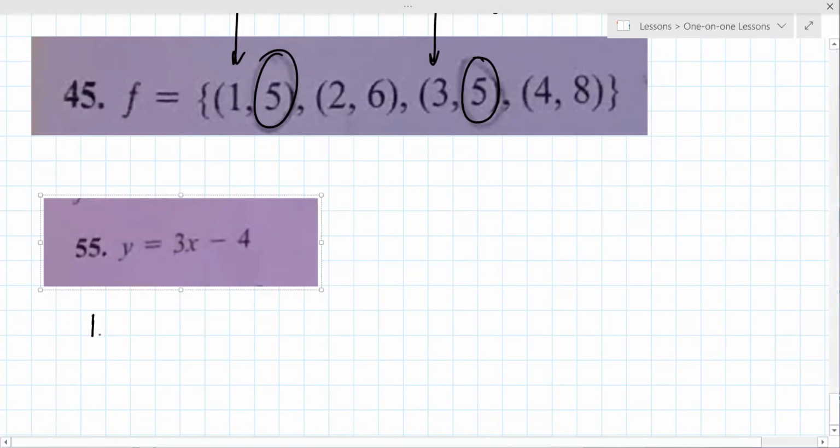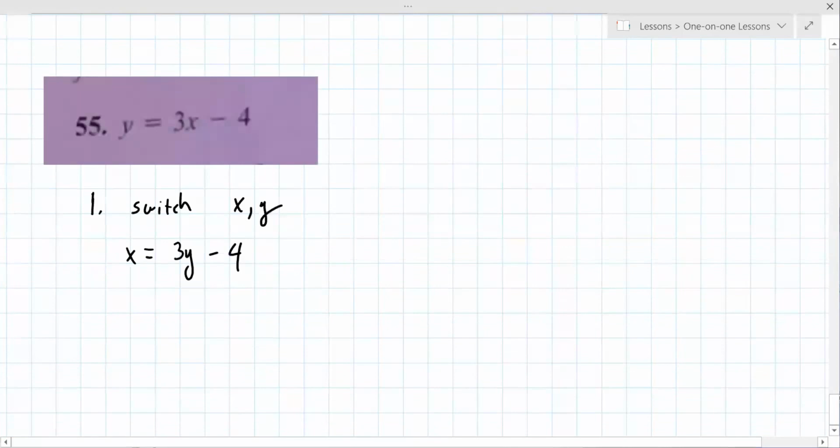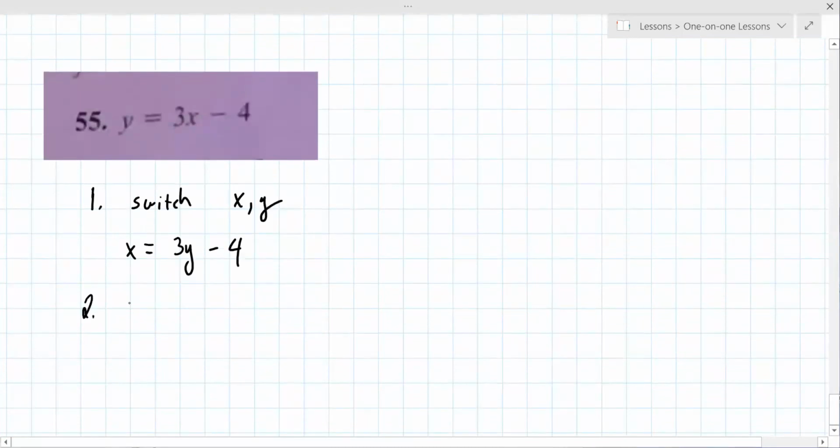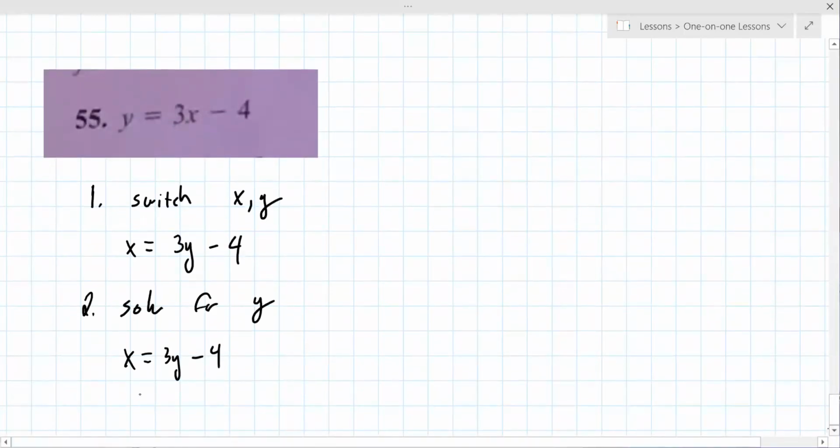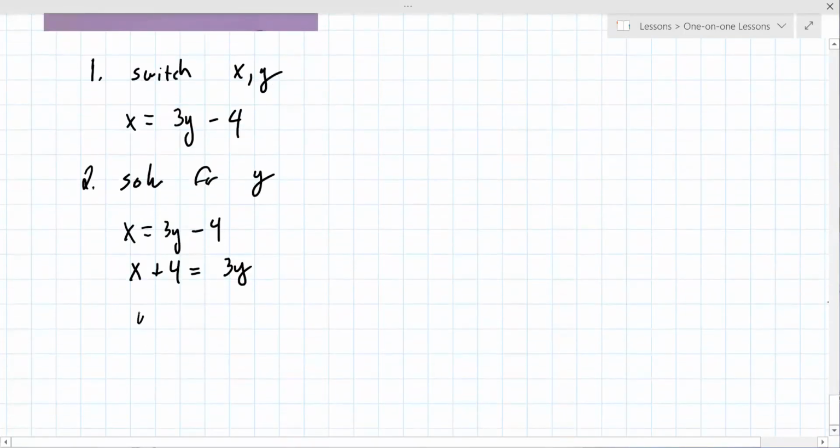The first thing you do to find the inverse is you switch x and y. What that means is wherever there's a y, you put an x, and wherever there's an x, you put a y. So we have x equals 3y minus 4. Step 2 is to solve for y. y equals (x plus 4) divided by 3.